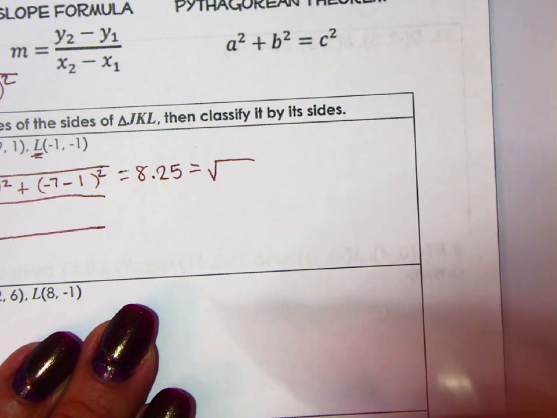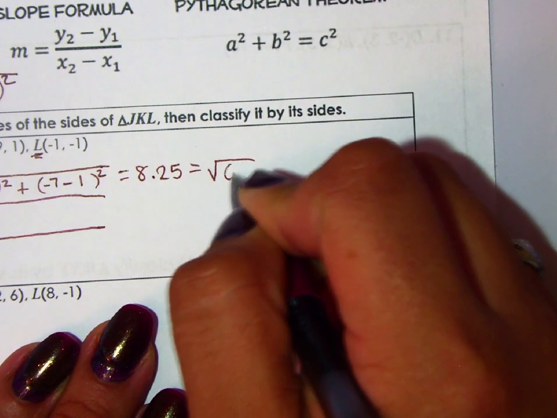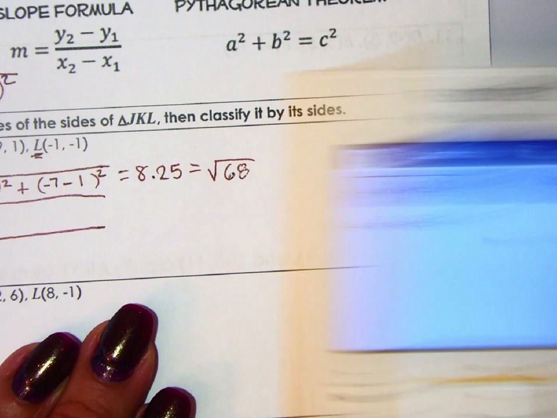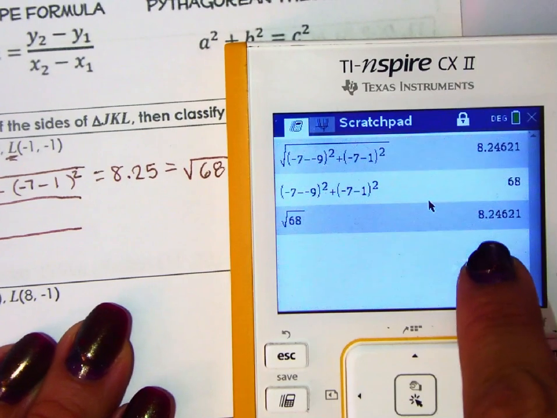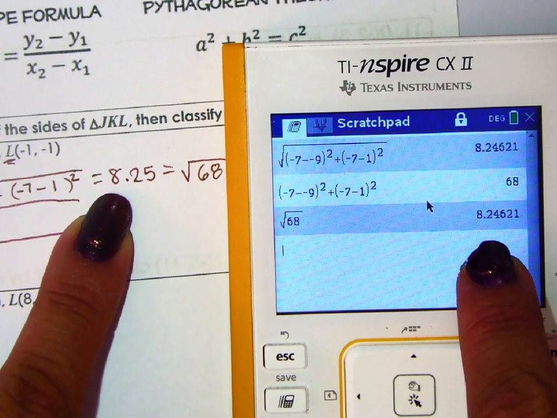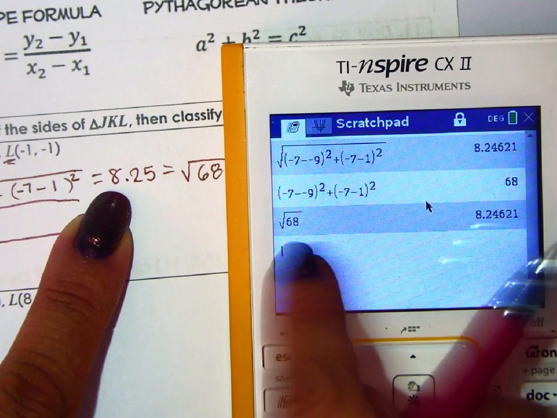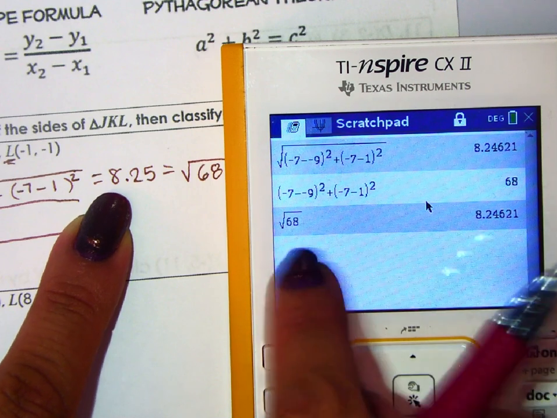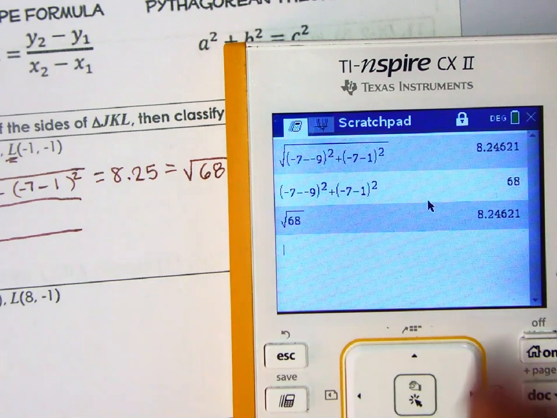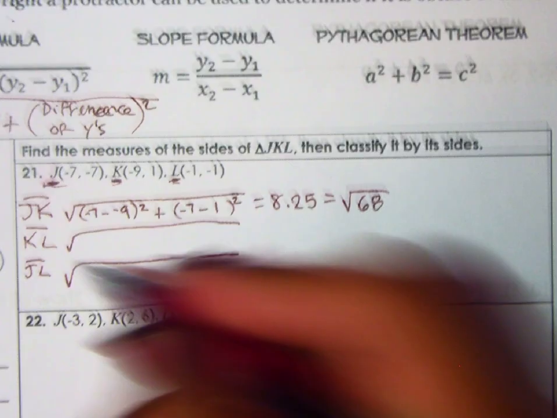So the inside of this square root is 68. If I do the square root of 68, it gives me the decimal that we had initially gotten. So you need to be open-minded to understanding both answers, the one with the square root and the one as a decimal.